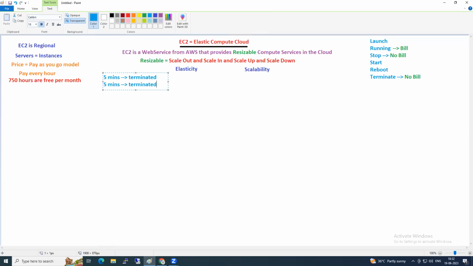Now tell me how many hours AWS will charge me? When it is in real time, don't forget about free tier. This is a certification question. Okay, I'll say the answer.